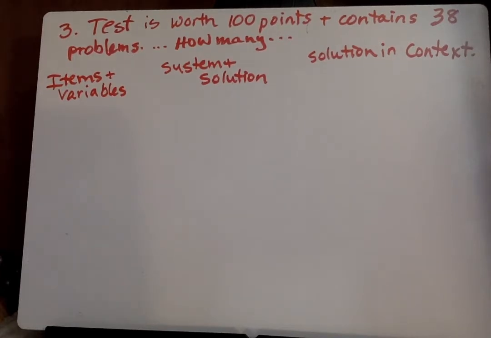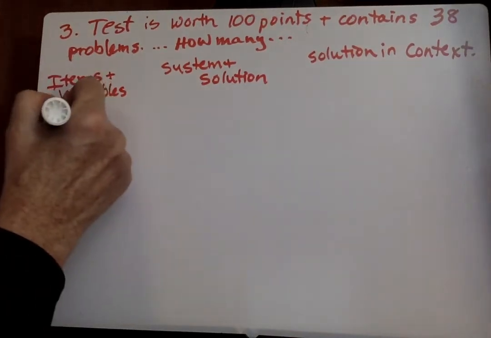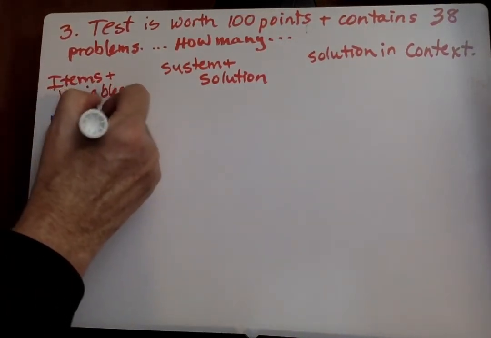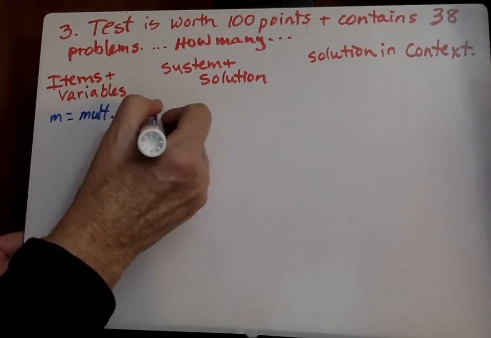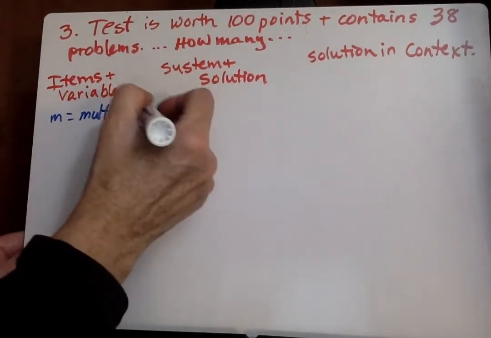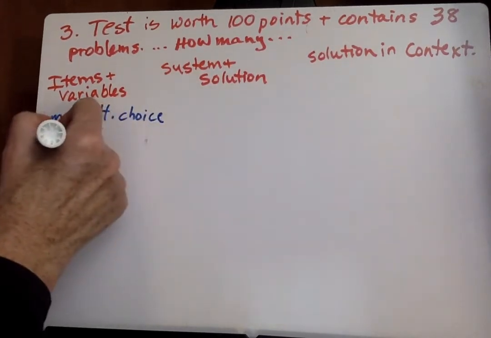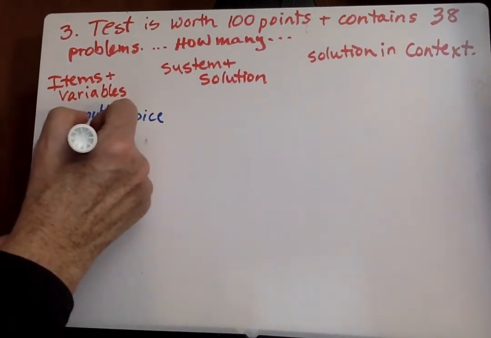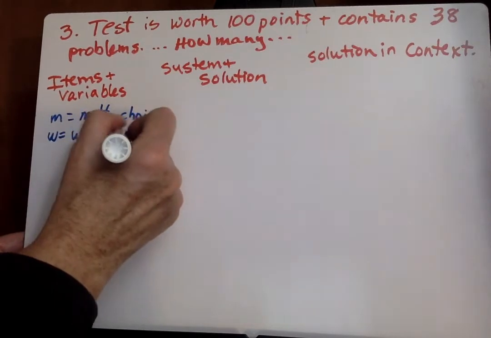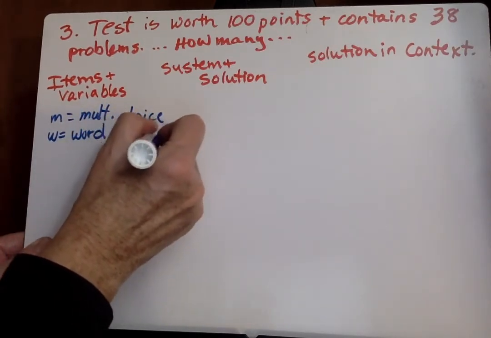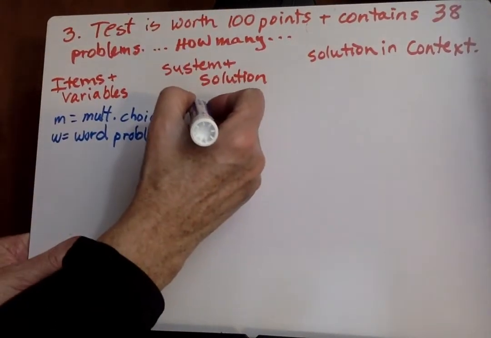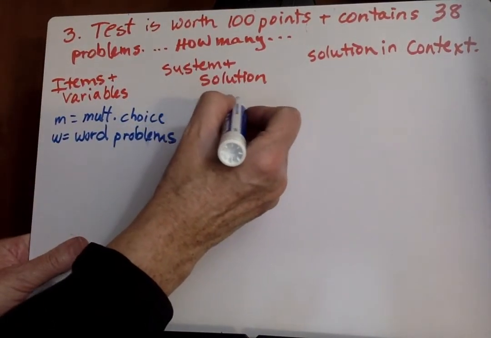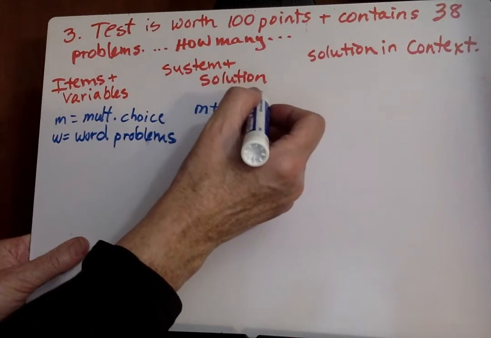So our items and variables: I'm going to put M equals multiple choice, W equals word problems. Okay, then we're going to write our 2 equations. Multiple choice plus the word problems equals 38.